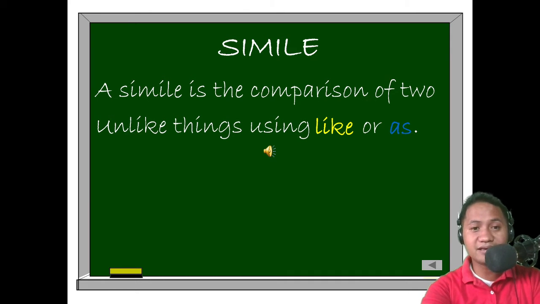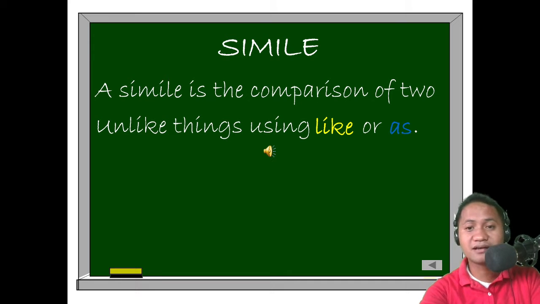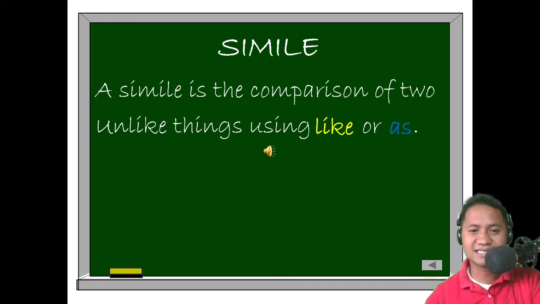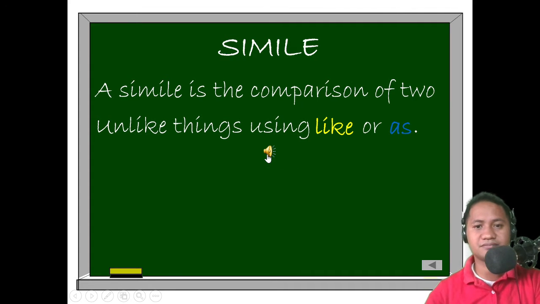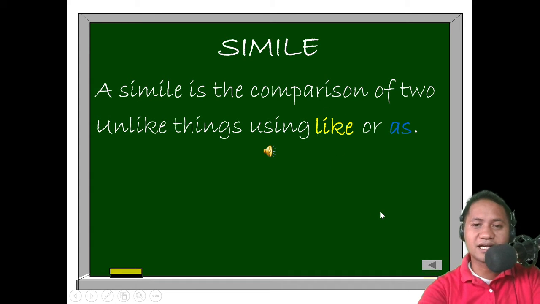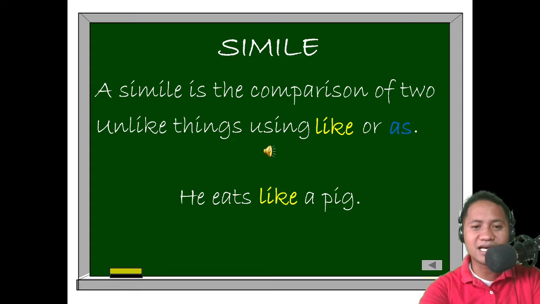A simile is the comparison of two unlike things using like or as. So you have heard it, right? Someone speaking with like or as. He eats like a pig.